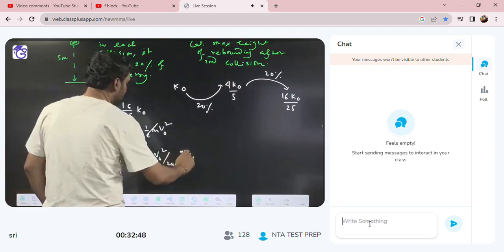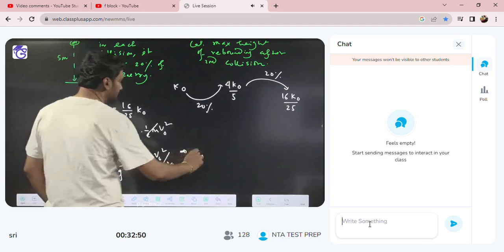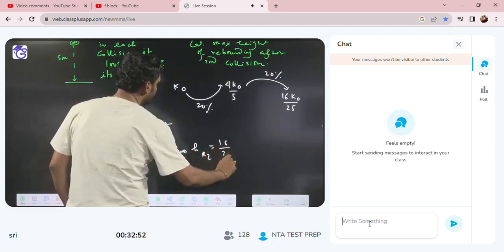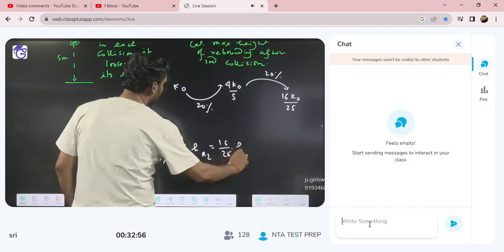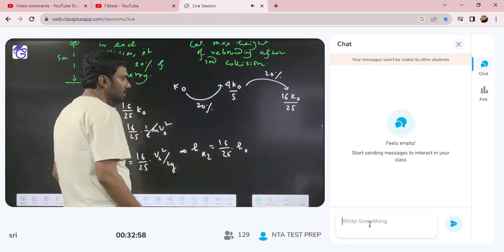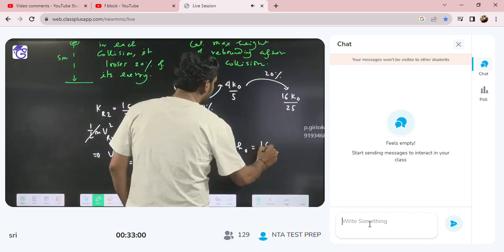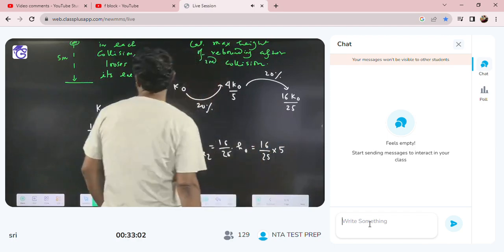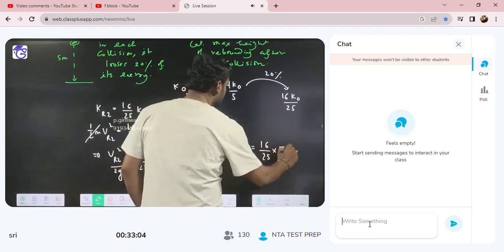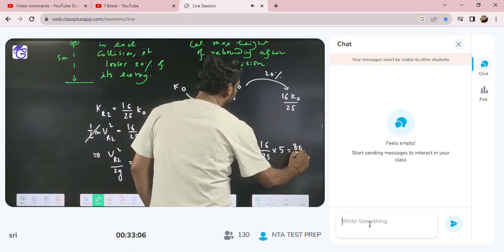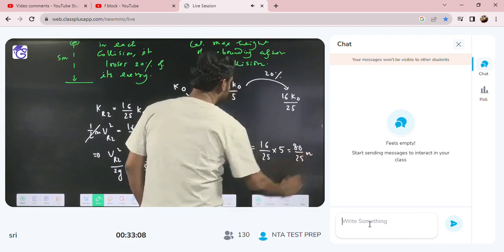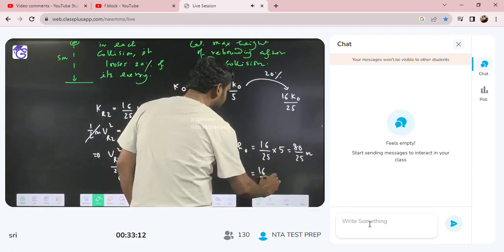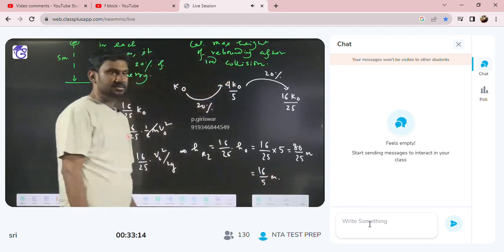So now left hand side, this is HR2, is equal to 16 by 25 into H naught. H naught is 5. So 80 by 25 meter or 16 by 5 meter is the correct answer.